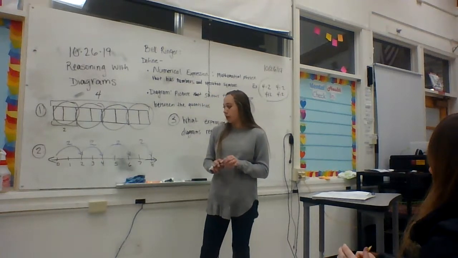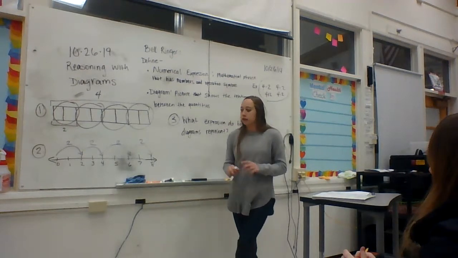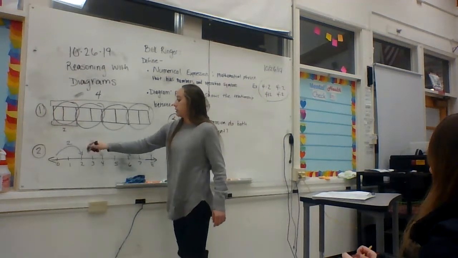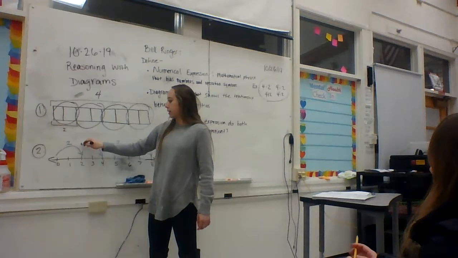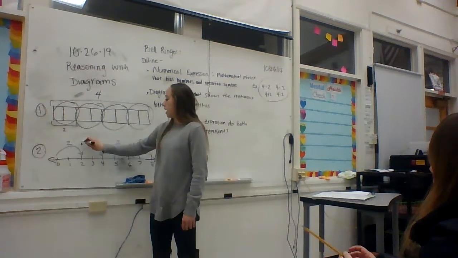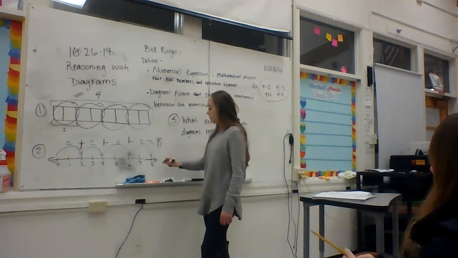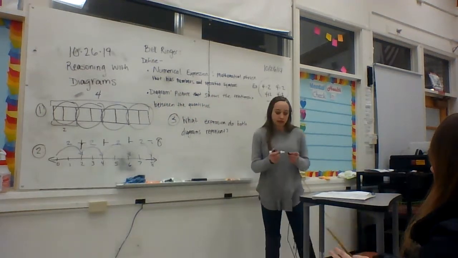Might be able to be represented as 4 times 2, but what's the other operation that shows better? We're going to do 2 plus 2 plus 2 plus 2, and that's going to equal 8. Right?